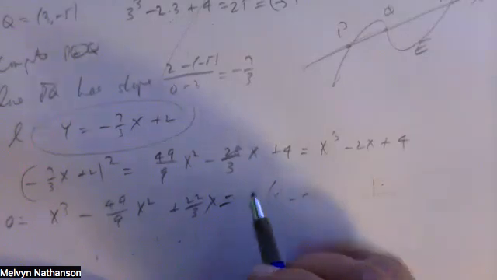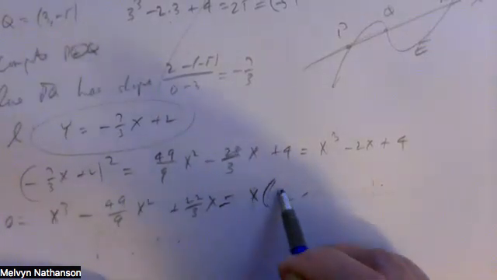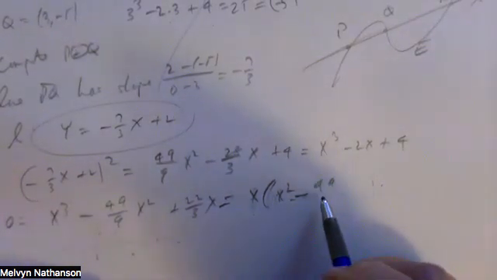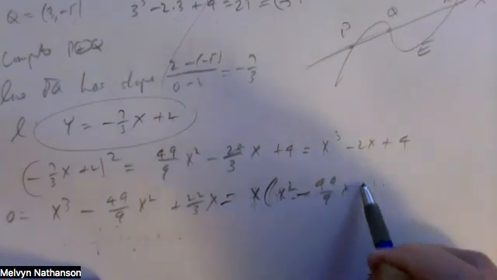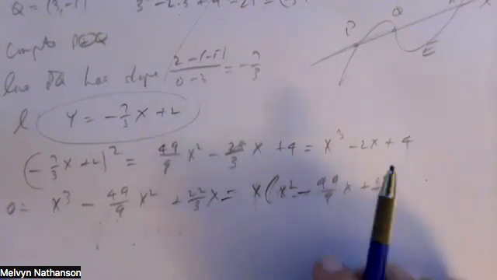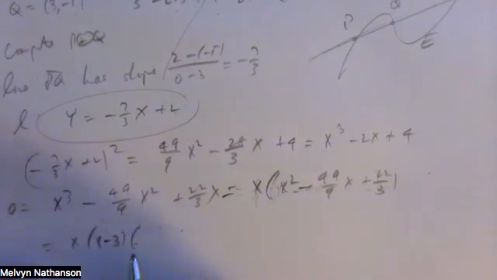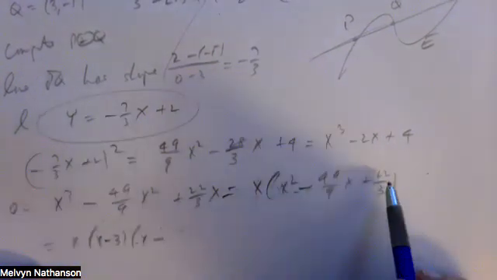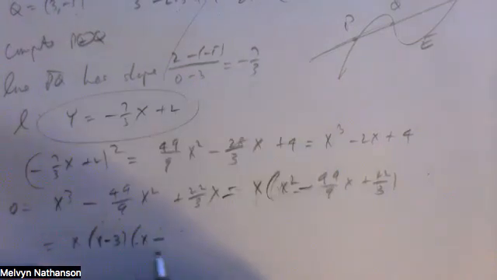So this is x times x squared minus 49 over 9x plus 22 over 3. But this will have a root of 3. So this is x times x minus 3 times x minus, and this is going to have to be 22 over 9.